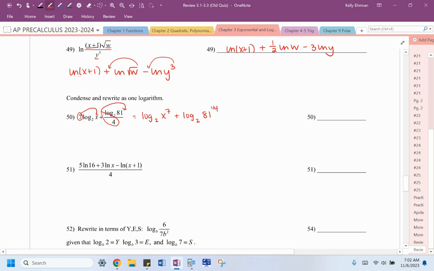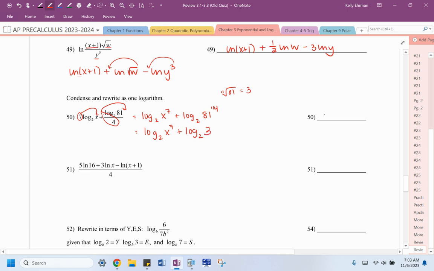And you should always be suspicious of numbers here, right? Like 81 to the 1/4, that's the 4th root of 81. 81 is 3 to the 4th. So I do want you to simplify numbers if you can. So this is the log base 2 of x to the 7th plus the log base 2 of really just 3 instead of 81 to the 1/4.